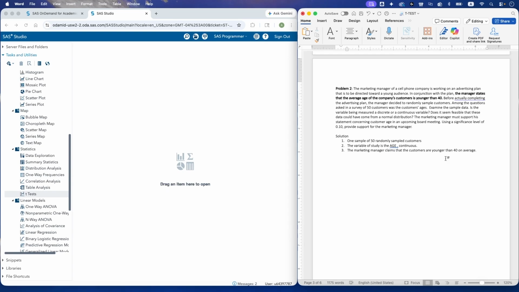So basically, our null hypothesis is about the population average. Actually, it's not younger than 40. It's equal to 40. The status quo is 40, or equal or greater, the opposite of his claim. So the average customer age is 40 years old.